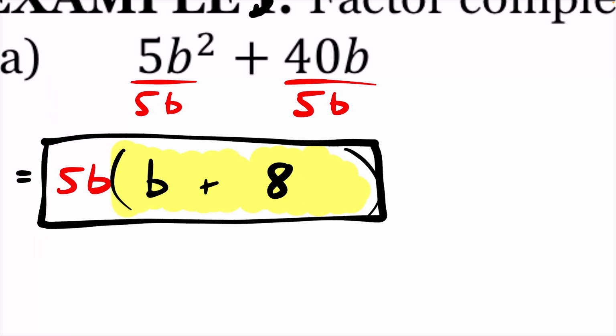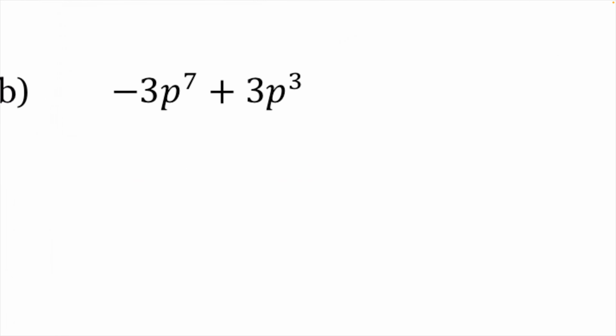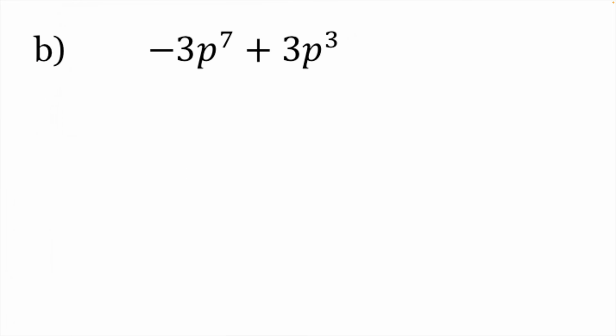All right, let's do 3B now. Still says factor, so we're only going to do step 1, step 2, and step 3. Step 1, does it go big power, little power? That means it's in standard form. Most of the time that'll be done for us, but make sure you check.